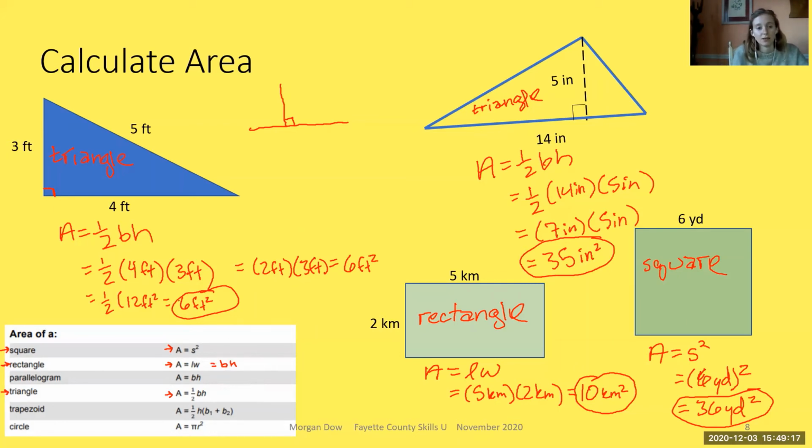It's 1/2 the base times the height. If I take this triangle and I kind of fill in the other 1/2 here, you'll see I've made a rectangle, and the blue triangle is just like 1/2 of the rectangle. So those two formulas are actually really closely related to each other.